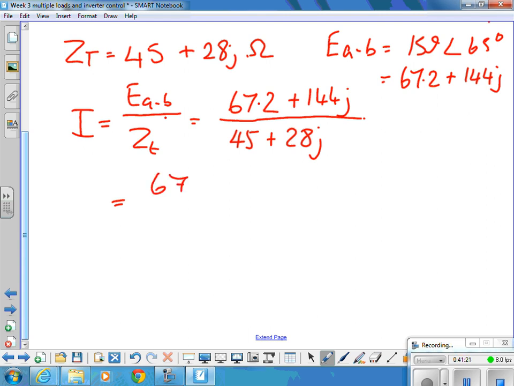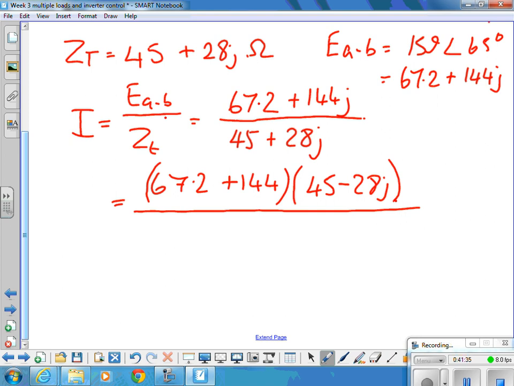So what will the bottom line be? Square both the numbers and add them together.